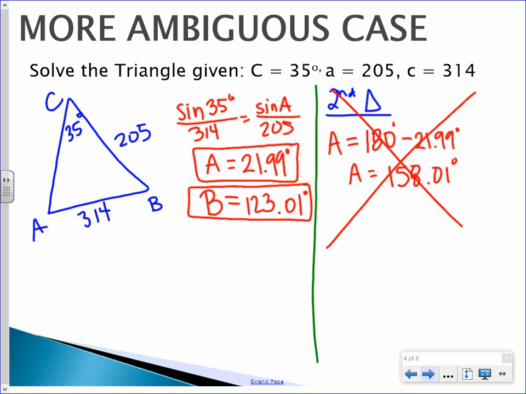So then, last but not least, what do we need to find? Side B. We need the sine of angle B over side B equals, and I'm going to pick a ratio to set this equal to. Which ratio do I want to choose? I want to choose C because that's my given information.